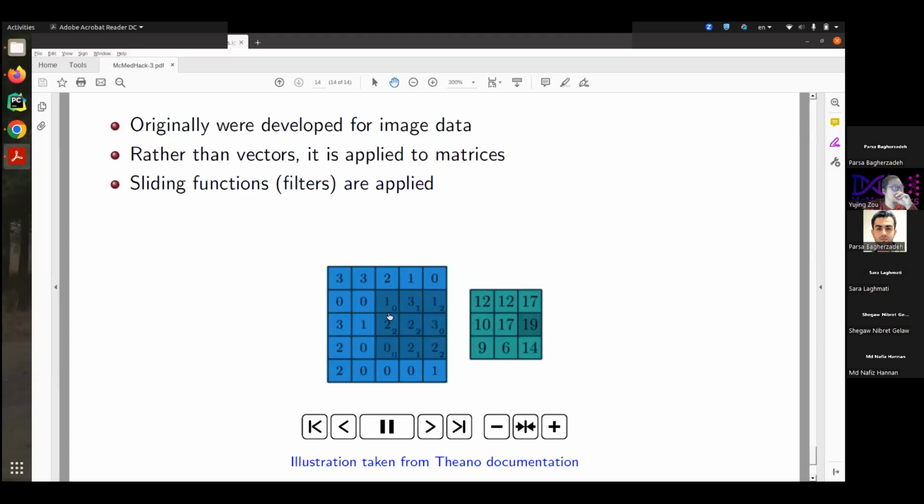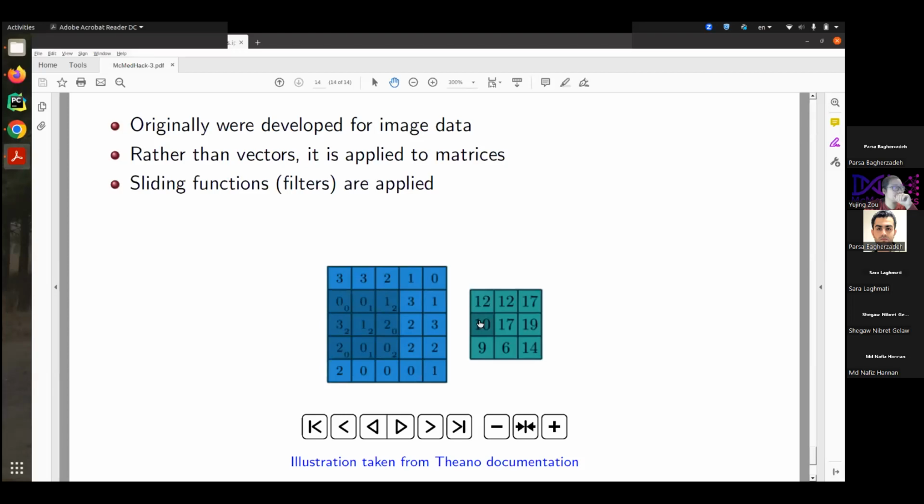So we slide this weight matrix over an input image, and we multiply the corresponding values together. So 0 times 0 plus 0 times 1 plus 1 times 2, and so on and so forth. And the result is added and aggregated into another matrix, another entry.